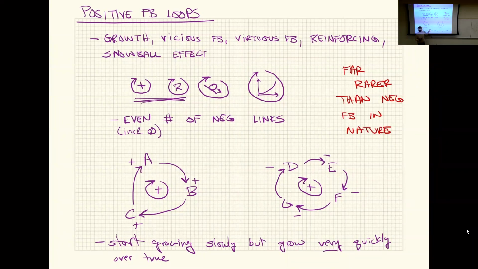All right, any questions about that? And that's because they eventually stop growing when they run out of fuel. All right, so the behavior over time for that feedback loop.